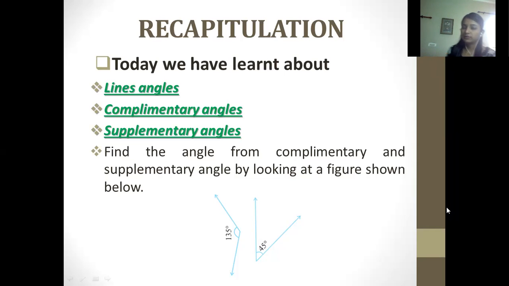Now here is a question in front of you. You have to find complementary and supplementary angles by looking at the figure shown. What do you think these two figures are making? Is it making a complementary angle, supplementary angle, or none of them? Yes, you have to add these two angles. 135 plus 45.